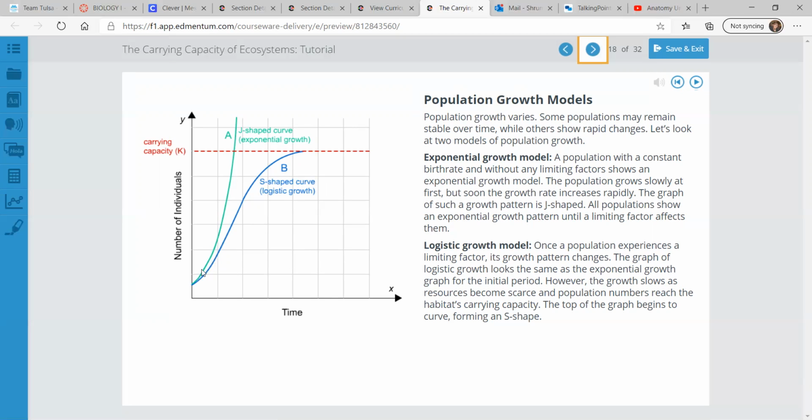Like these look pretty similar, but then the growth slows as resources become scarce and population numbers reach the habitat's carrying capacity. The top of the graph begins to curve, forming an S shape.